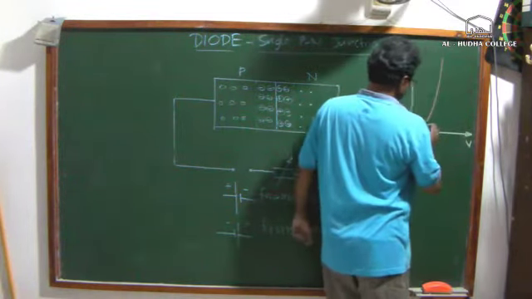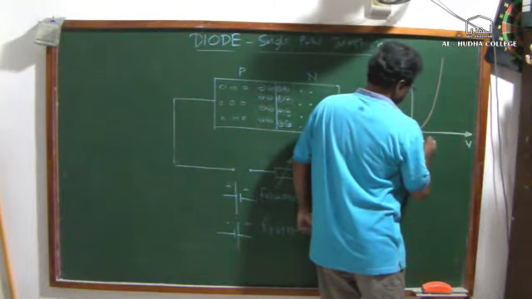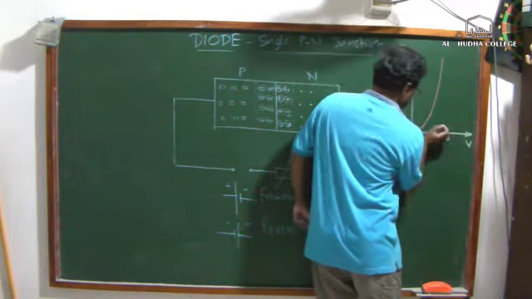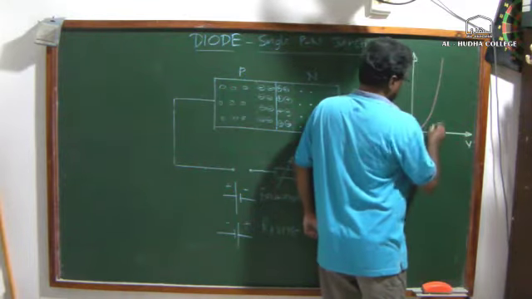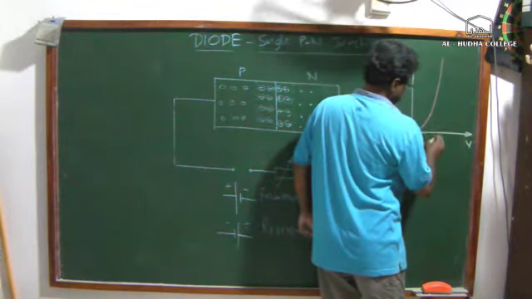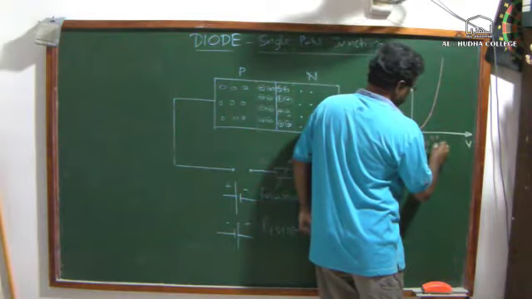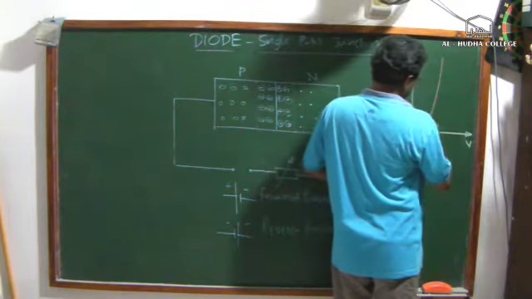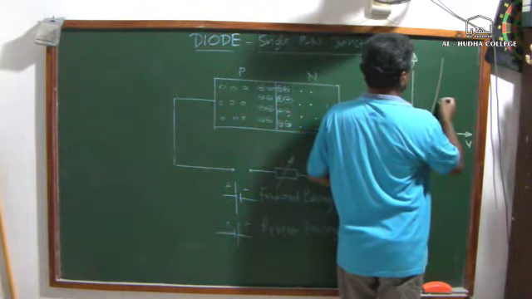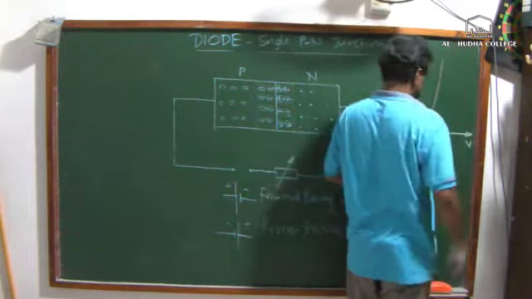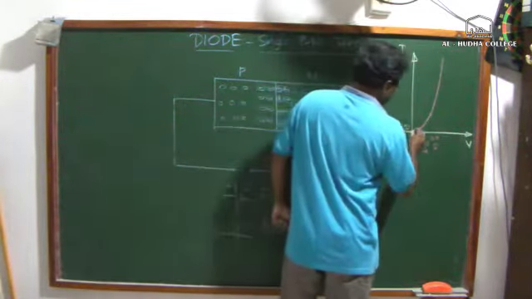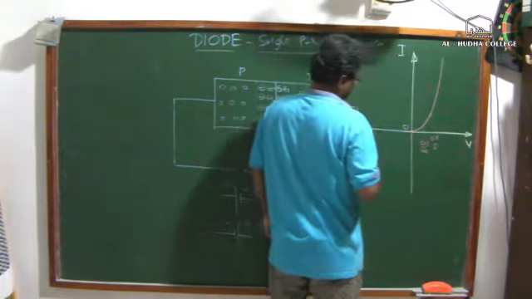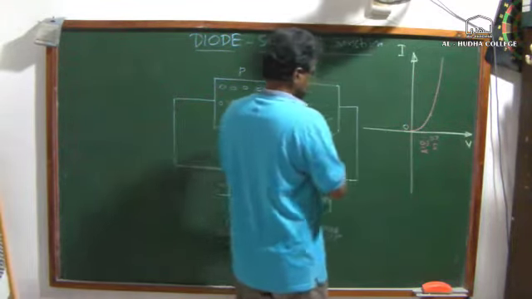Up to something like 0.3 for germanium and 0.7 for silicon, not much significant current will flow, but beyond that the current will increase exponentially, starting from 0.